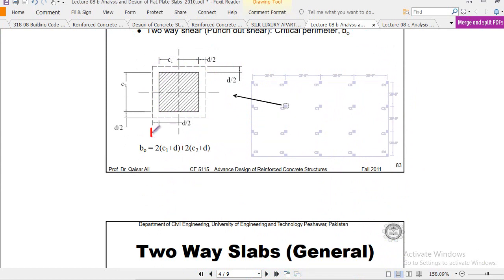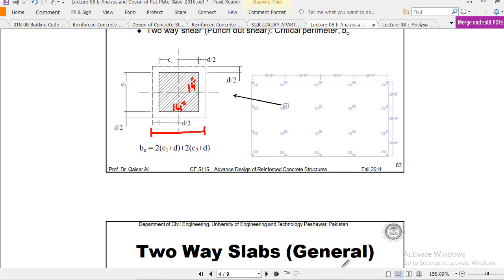As we have a 14 by 14 inch column, the critical section perimeter will be 2 times (C1 plus d) plus 2 times (C2 plus d). You already know what C1 and C2 are. This is the C2 side, in this case 14 inches, and d we already calculated. Here it will be d average. You will find b naught.